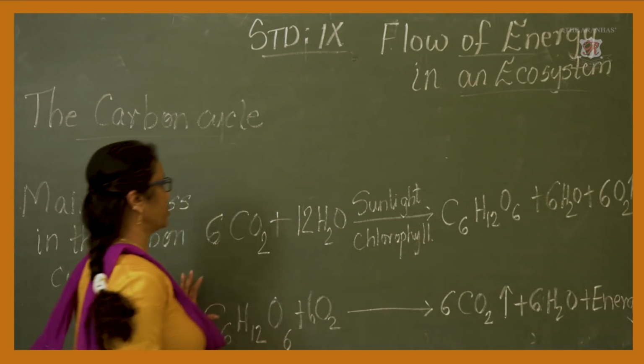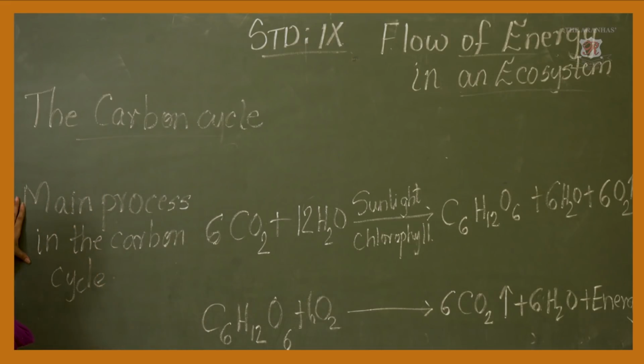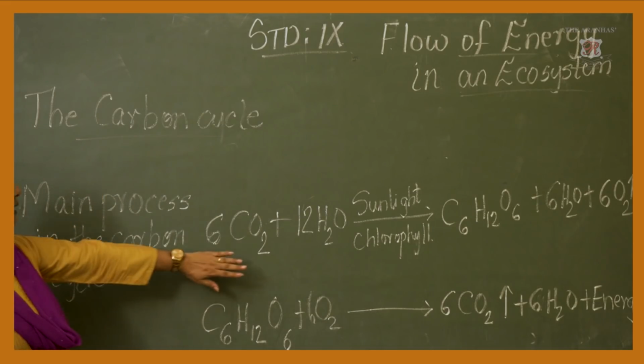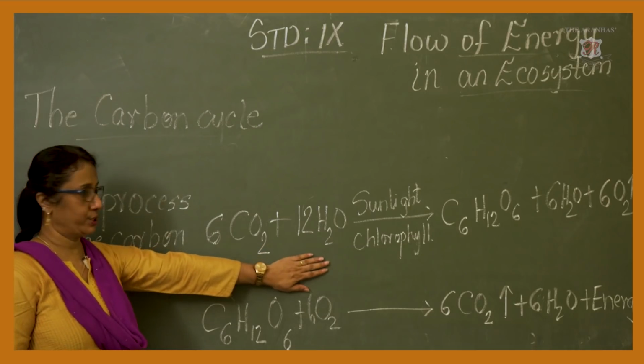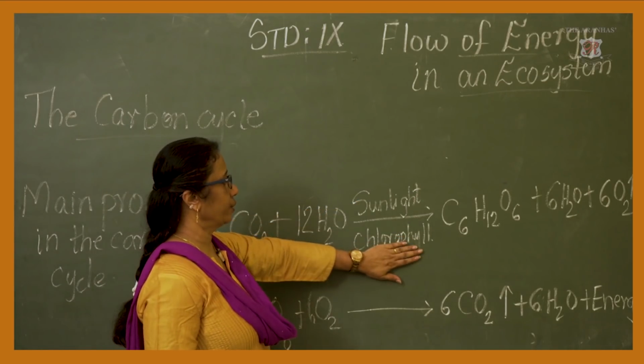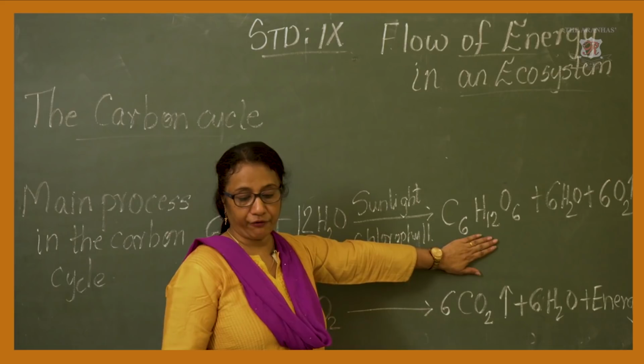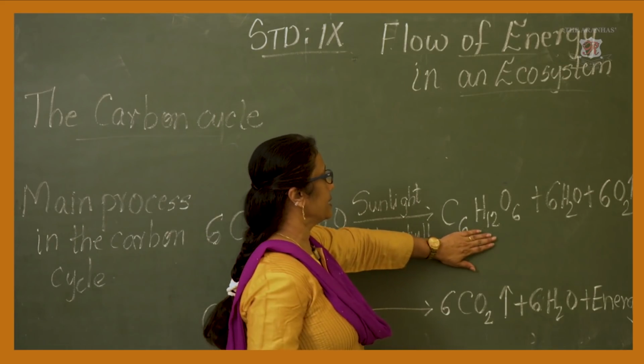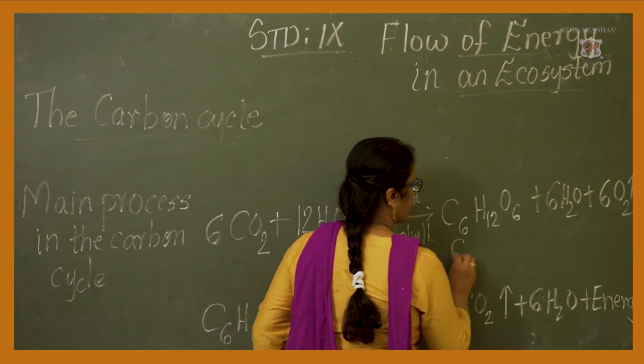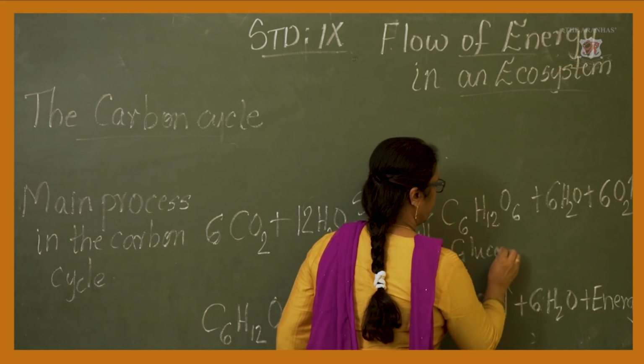Okay, children, this equation you need to learn by heart. That is the main process that is happening in the carbon cycle, that is carbon dioxide plus water in the presence of sunlight and chlorophyll. What does it form? It forms a substance called C6H12O6, which is nothing but glucose.